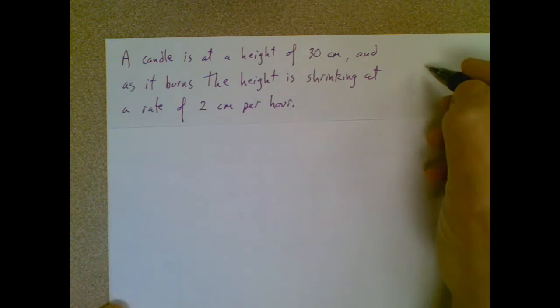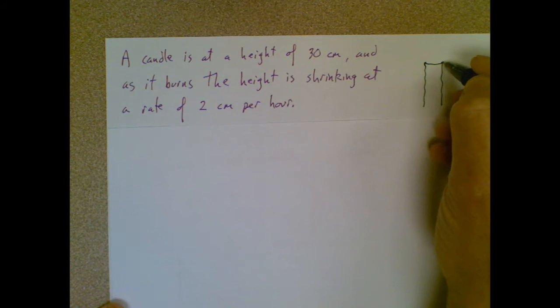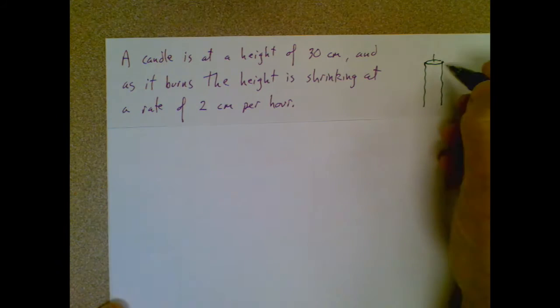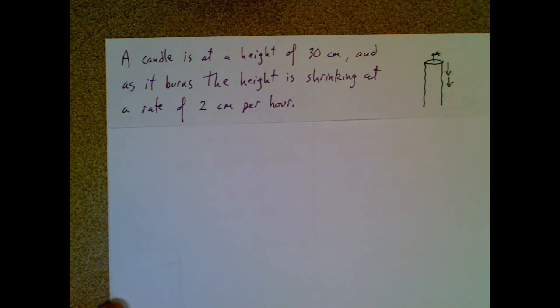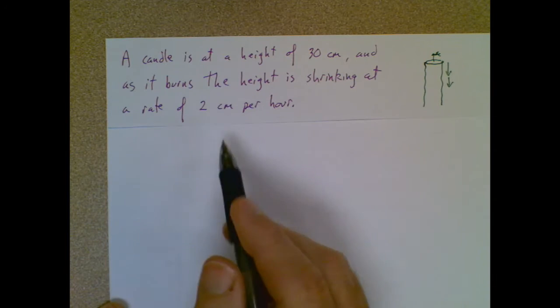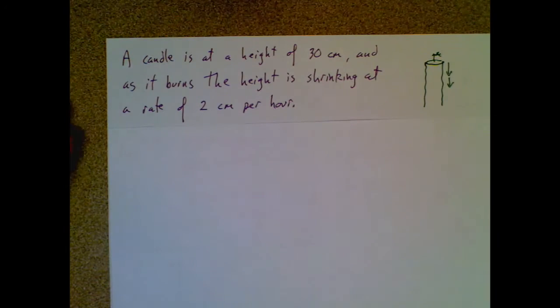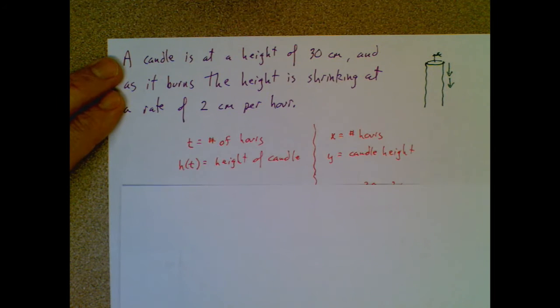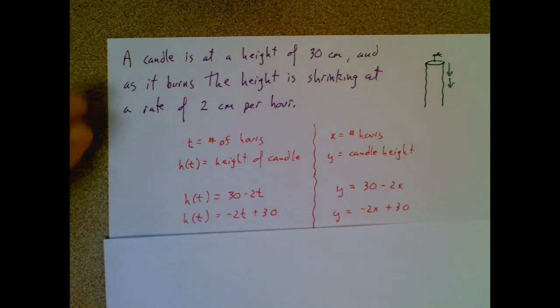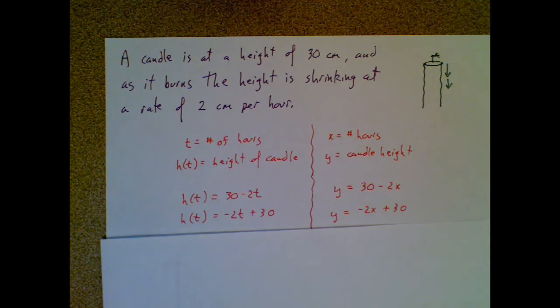All right. We've got ourselves a candle, and that candle is burning away, and because it's burning away, it's going to be shrinking. The height is shrinking or reducing at a rate of 2 centimeters per hour. So you can turn this into an equation, and I did it in two different forms.